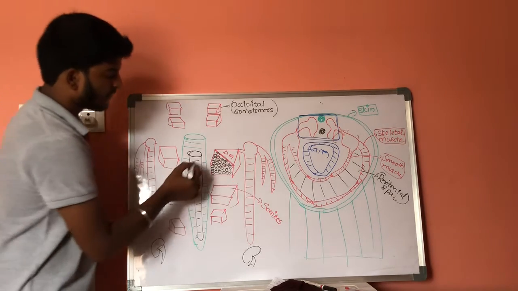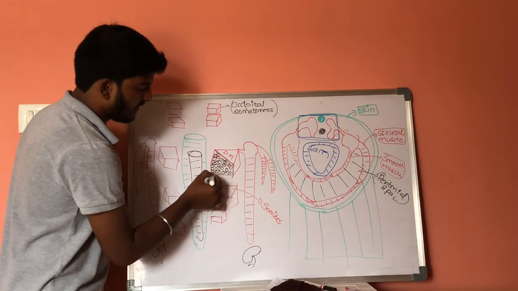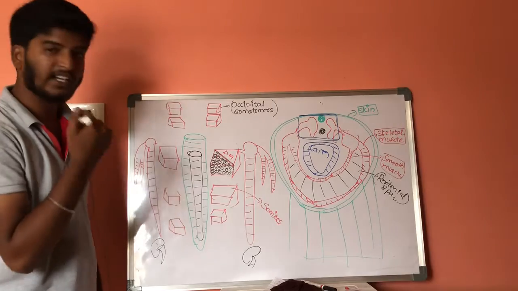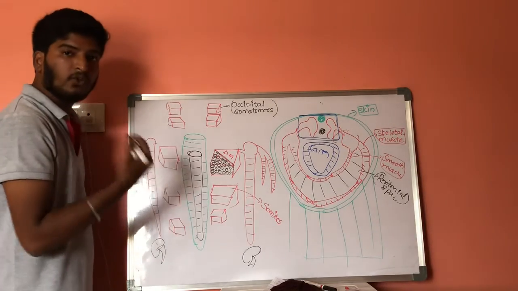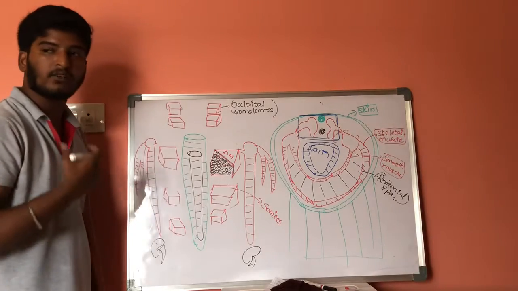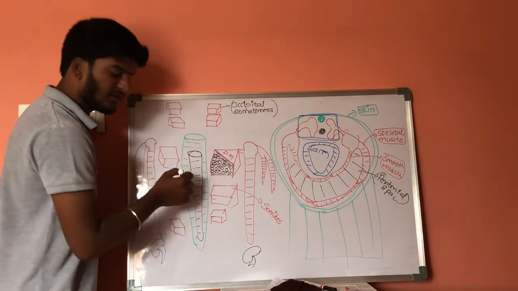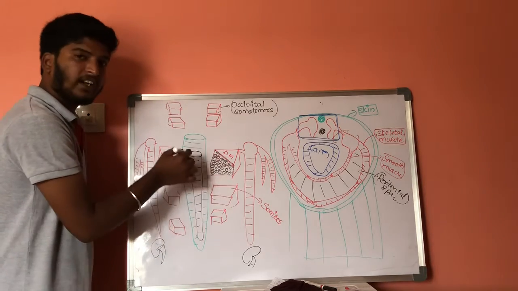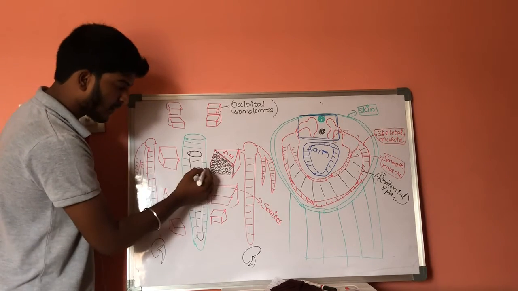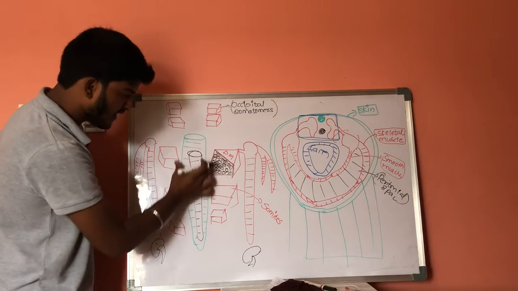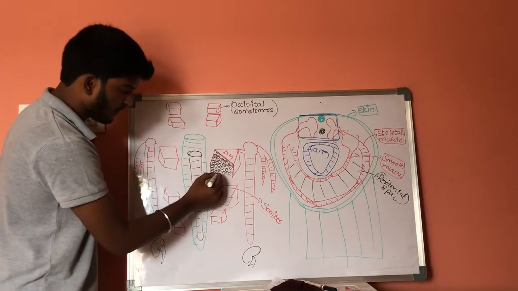Whenever they get activated, these tightly packed epithelial cells get loosened and are converted into connective tissue. This connective tissue moves from the ventrolateral part of the somites to the outside of the somites and accumulates at the sides of the neural tube.